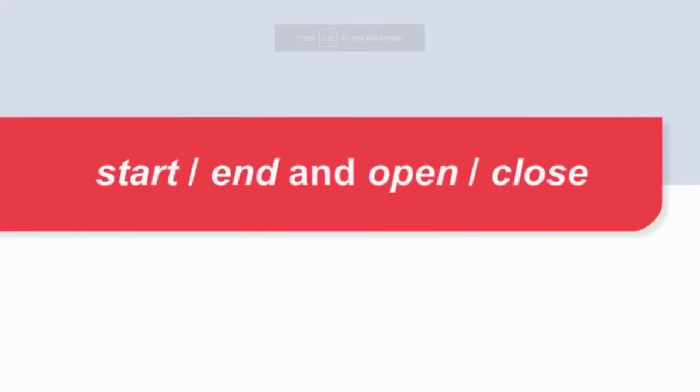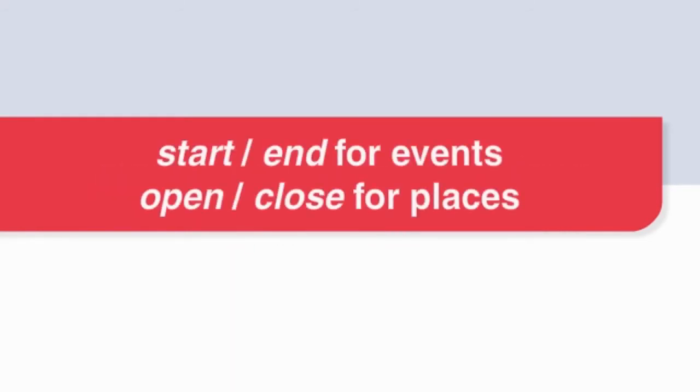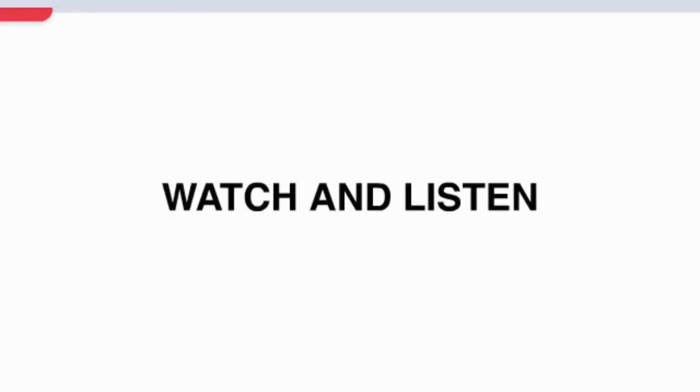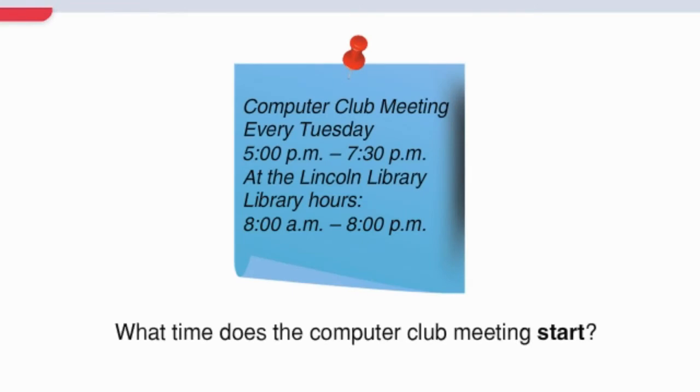Start, end, and open, close. Unit 6, Lesson F. Using start and end for events. Using open and close for places. Watch and listen. What time does the computer club meeting start?